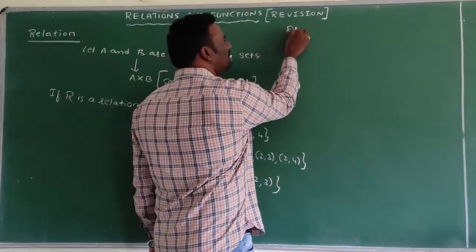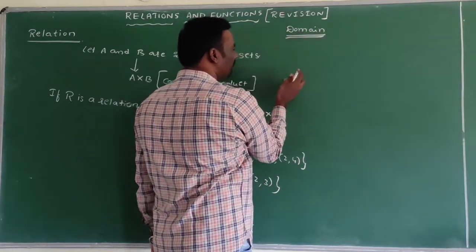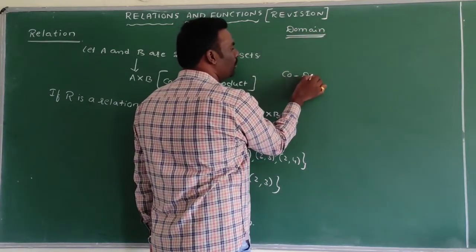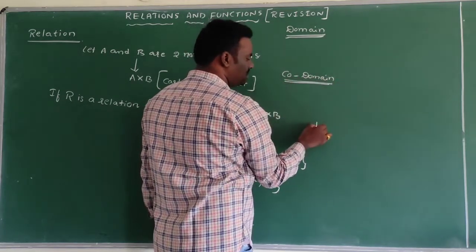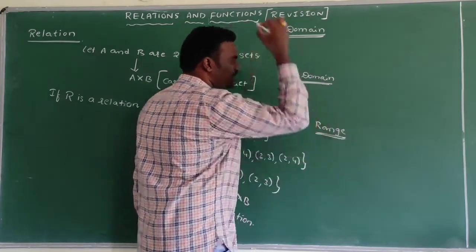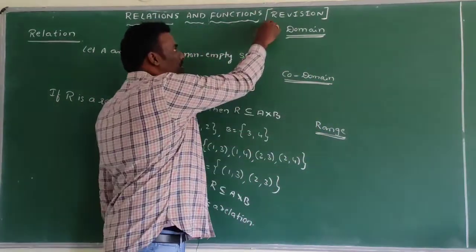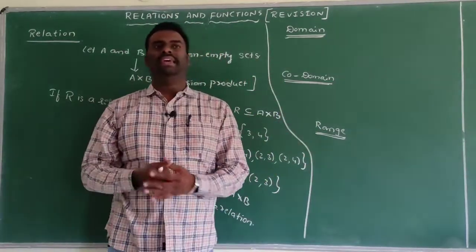Next, we will discuss domain, codomain and range. These three are the important words. What is meant by domain? What is meant by codomain? What is meant by range?